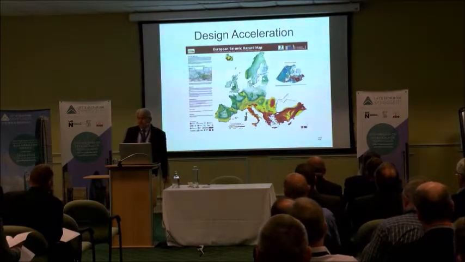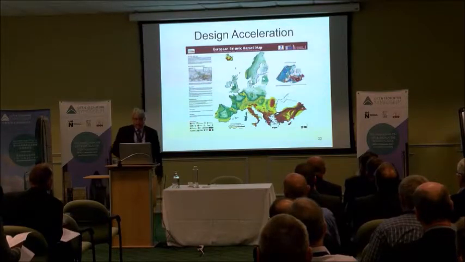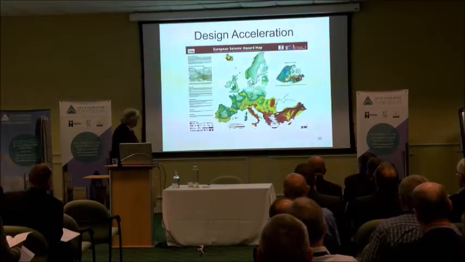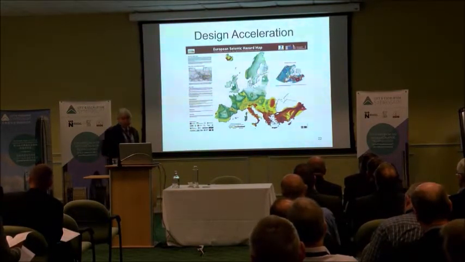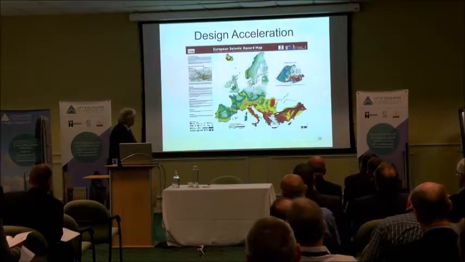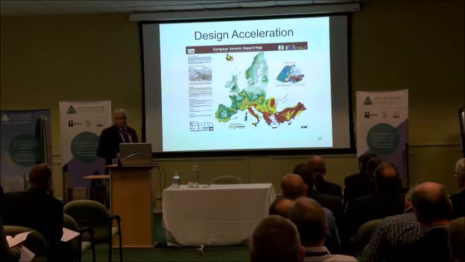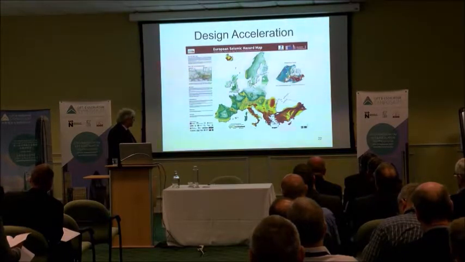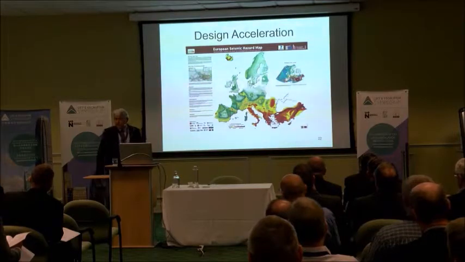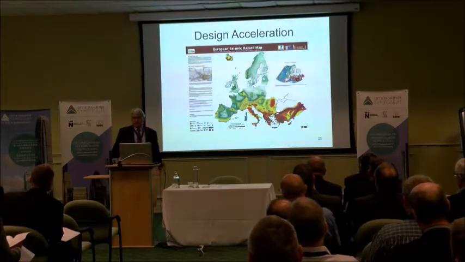This is the European seismic hazard map, and the darker colors here are the areas with high anticipated accelerations. So you can see the UK, most of France, most of Germany, Scandinavia, not a lot of seismic activity. But start down the peninsula here in Italy, go to Greece, go to Turkey, and you can see there's a lot of seismic activity, and we all know there have been recent earthquakes in Italy.